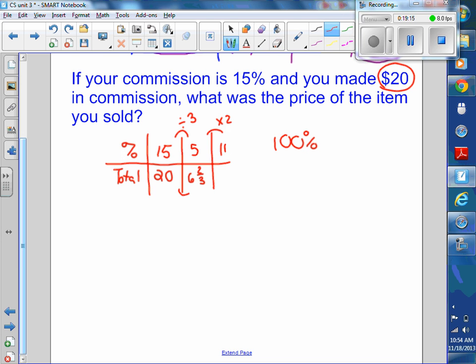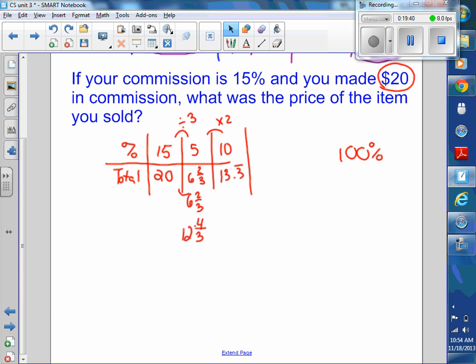Doubling, so 10. So this would be 6 2/3 and 6 2/3 is 12 4/3, right? Which is 13 1/3. But you're right, 13 1/3 is 13.3 repeating. You see how I made that transition? Okay, sorry about that. And now I can get to 100.